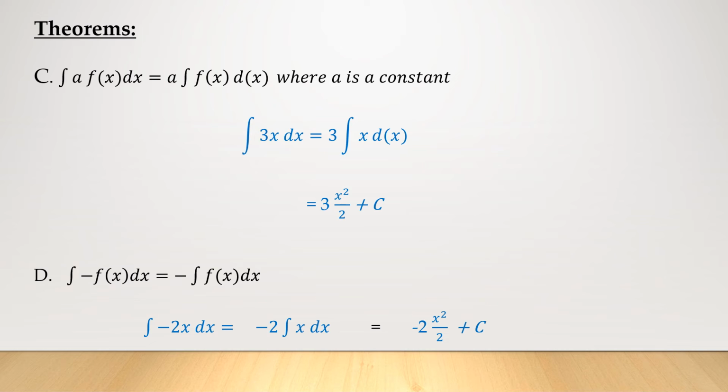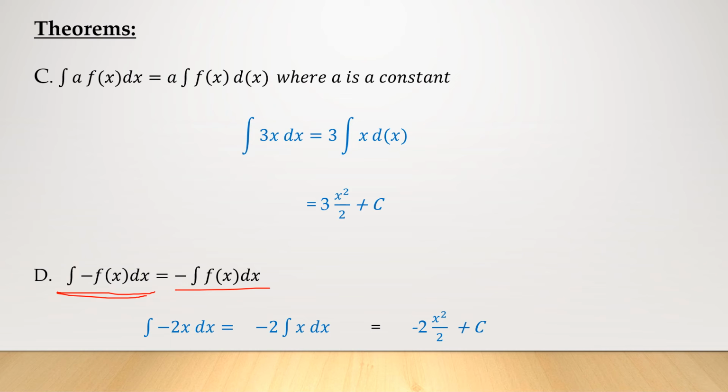Okay, what if naman kapag may negative sign tayo sa loob ng integral sign? For example, ito. So, we will just simply put the negative sign outside of the integral sign. So ang meron na lang sa loob is yung f of x dx.